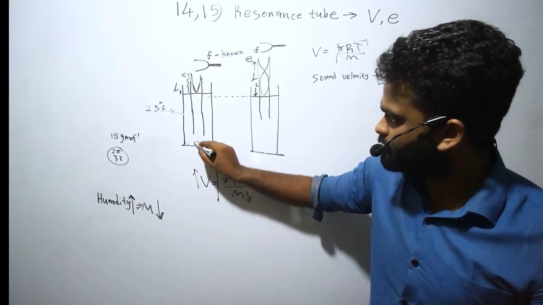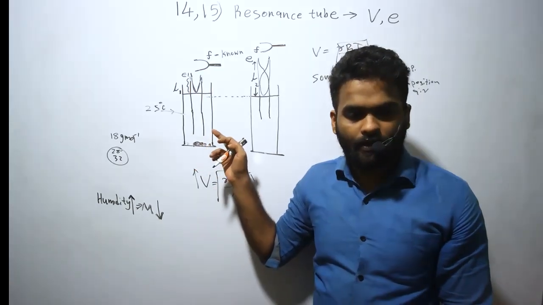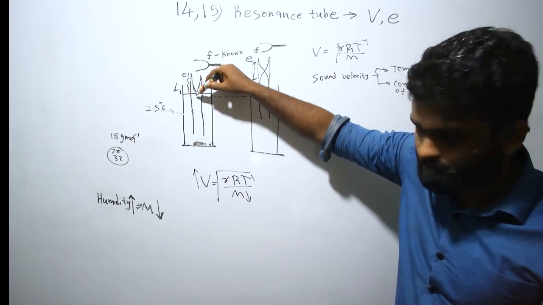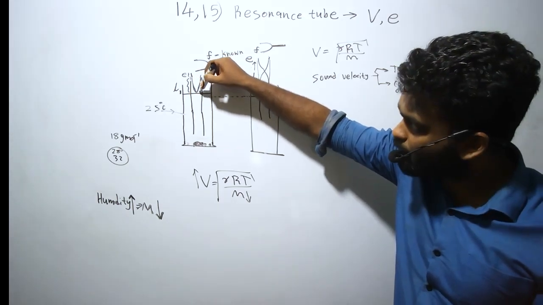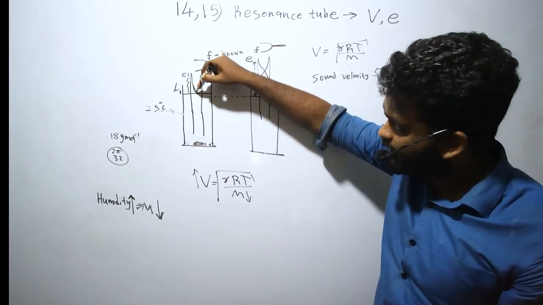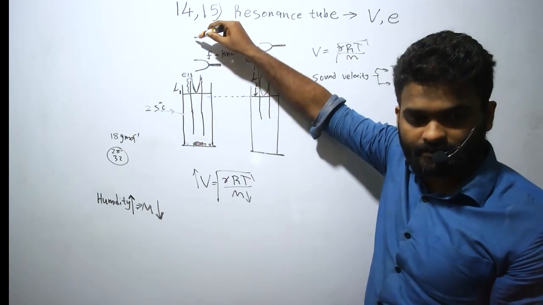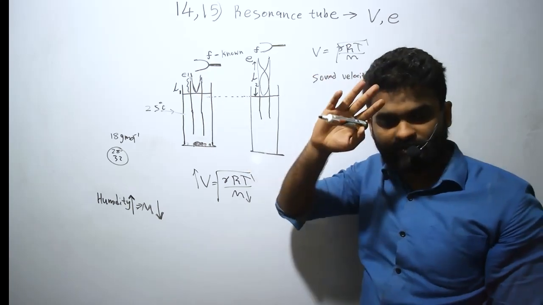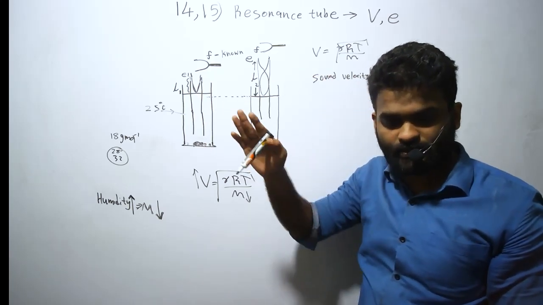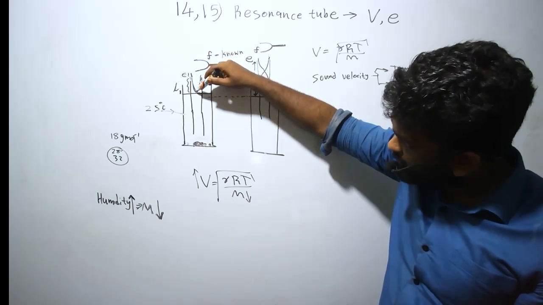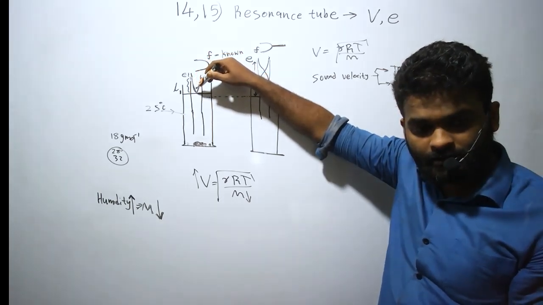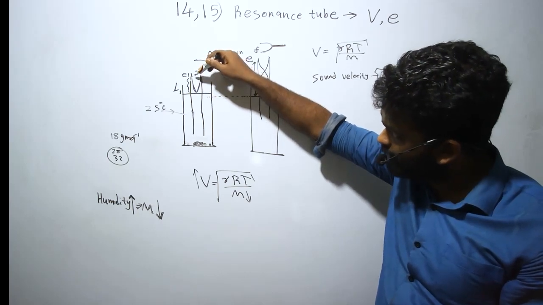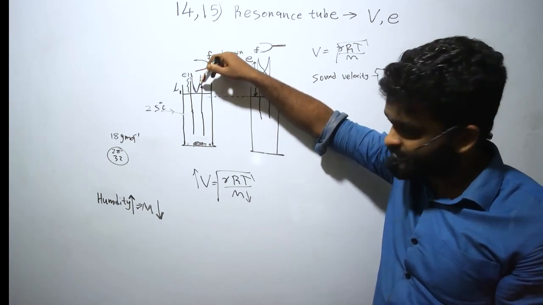We use cotton, right? The reason is, you know that when sound waves hit the water level, part of that sound wave gets reflected and another part gets refracted. You have studied reflection and refraction. So part gets reflected, which creates the standing wave pattern. That reflected part and the incoming wave create this standing wave pattern.